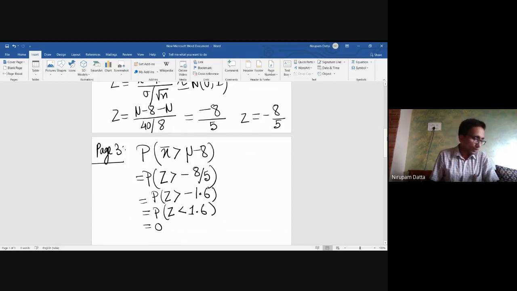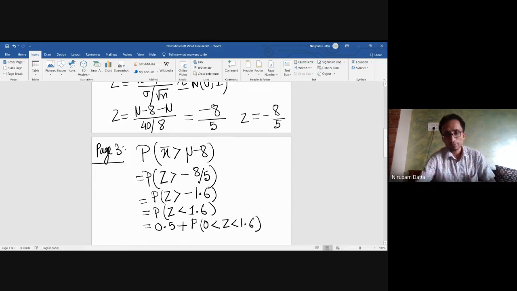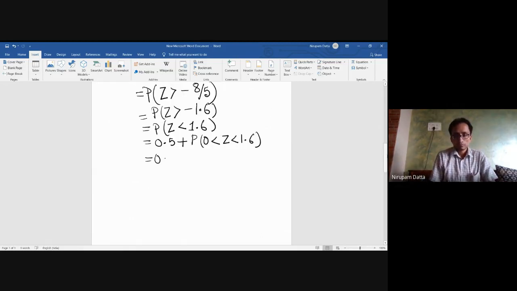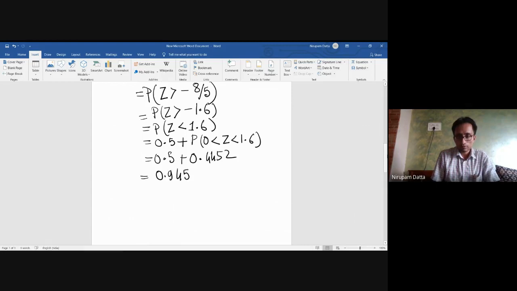We can write this as 0.5 plus the probability that Z is greater than 0 but less than 1.6. From the normal table the value is 0.4452, so this is nothing but 0.9452.